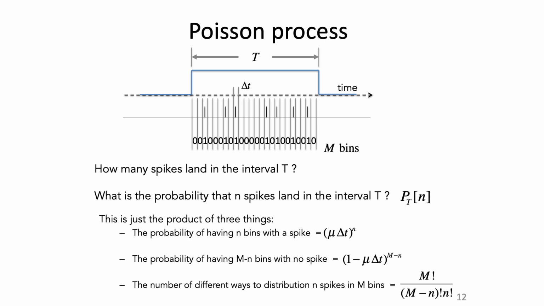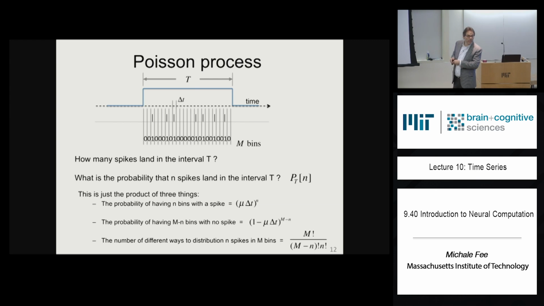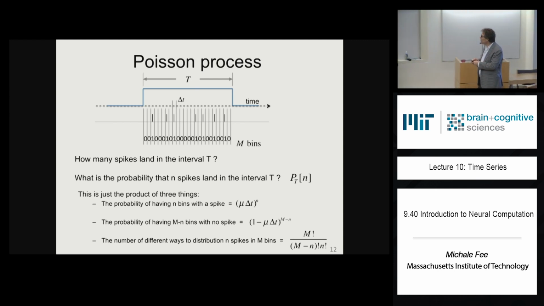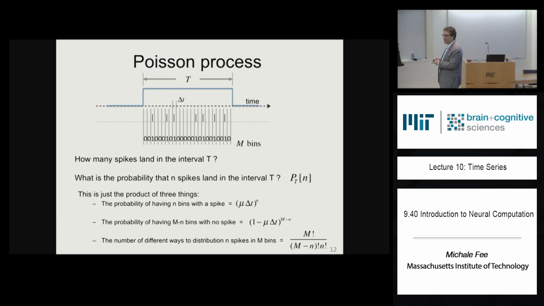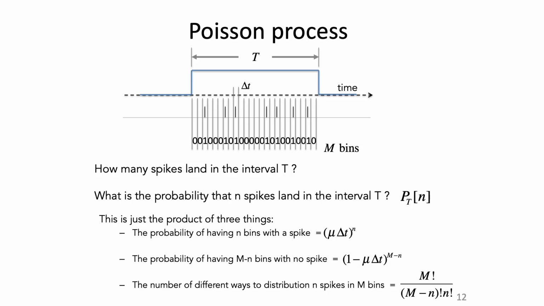It's the probability of having n bins with a spike, so that's mu delta t to the n, because it's n independent events with probability mu delta t, times the probability of having m minus n bins with no spike, so that's 1 minus mu delta t to the m minus n.